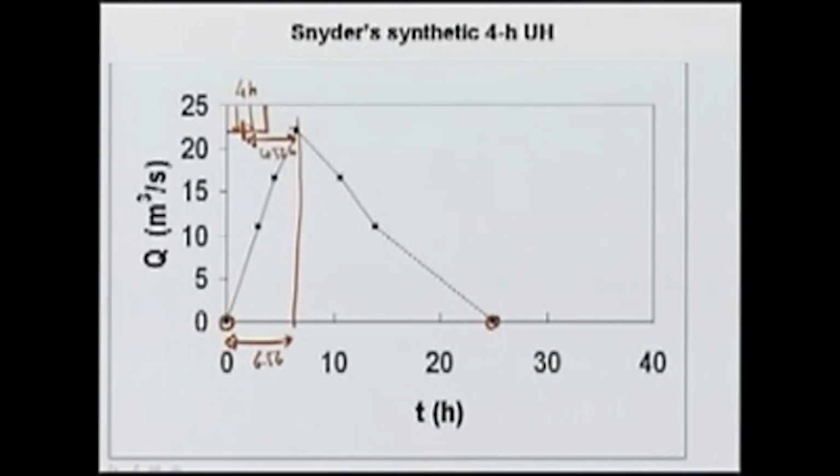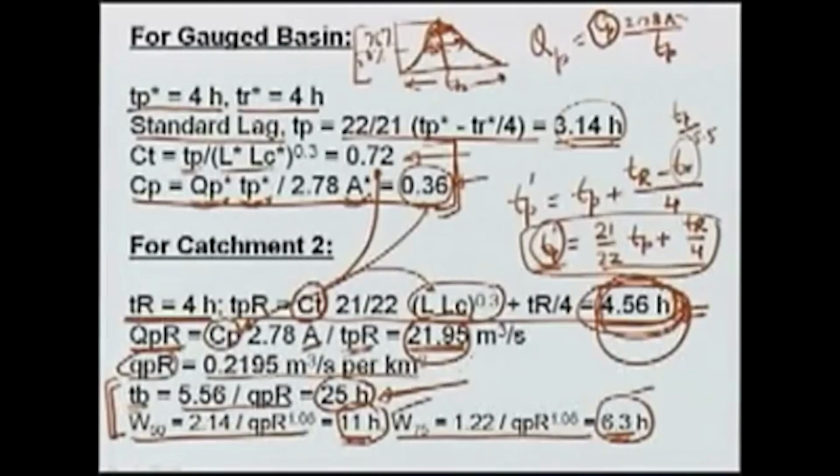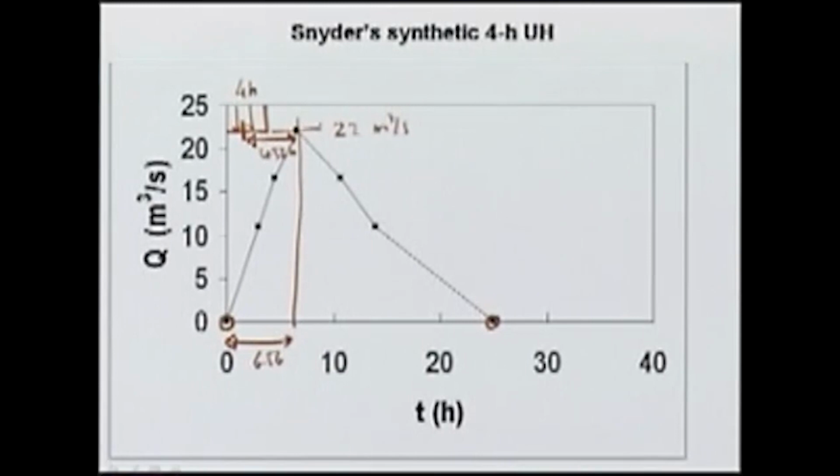Now, the peak is also known to us. Let us say that this is roughly 22, because the value which came out from the calculation is 21.95. So, the peak is 22 at 6.56 hours, with 11 being 50% of the peak, and 16.5 being 75% of the peak.